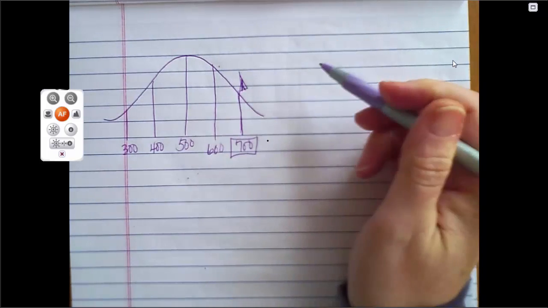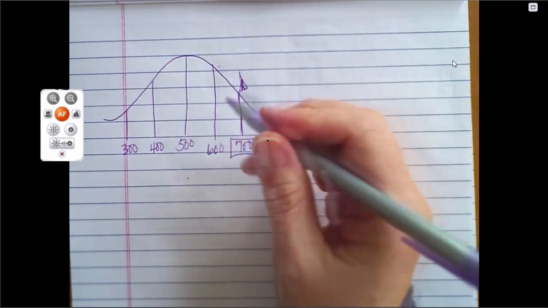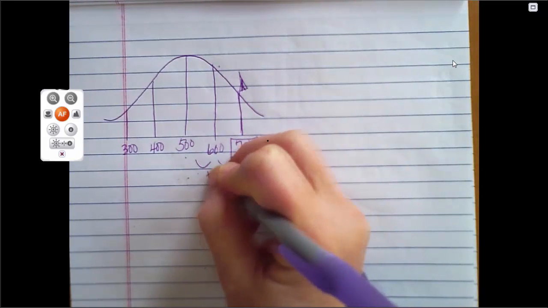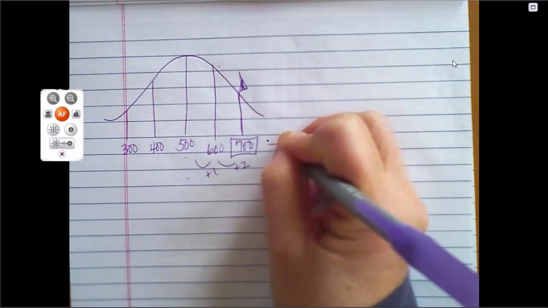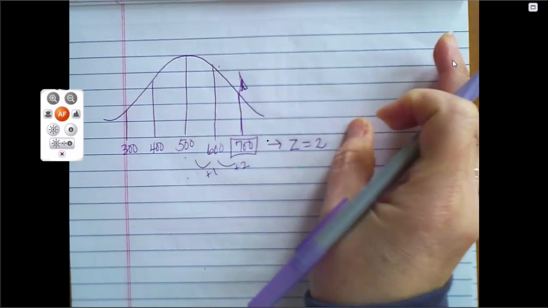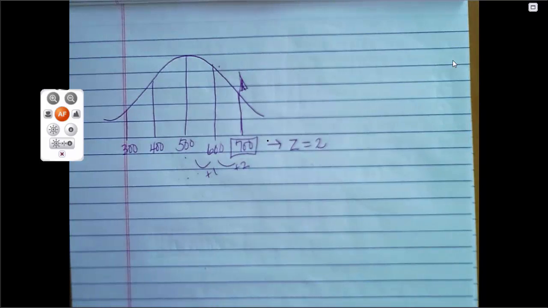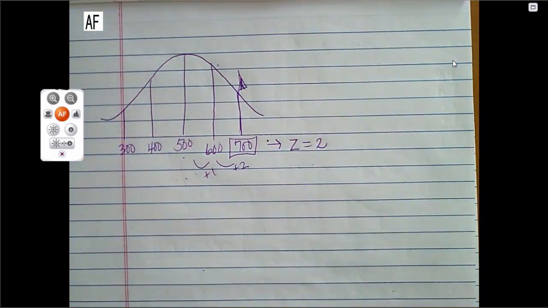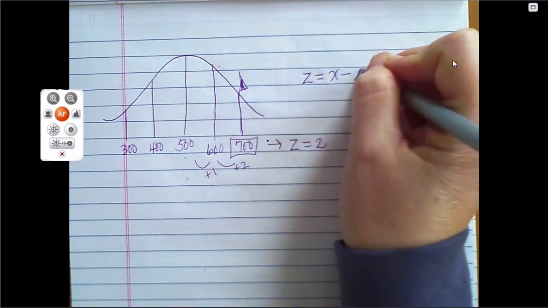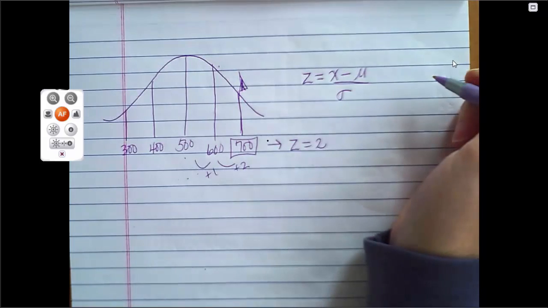Well, based on what we learned yesterday, we really already know the z-score. My mean is 500. This is 2 standard deviations above the mean. So 700 has a z-score of 2. To practice the formula and to see that we're telling the truth about the formula and that it's not magic, remember z is your flagged value minus the mean divided by the standard deviation.